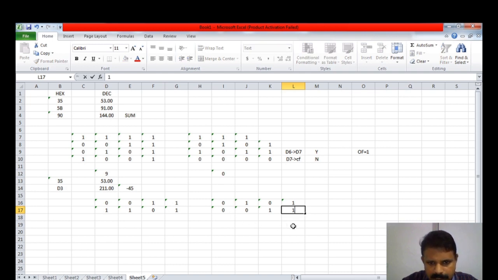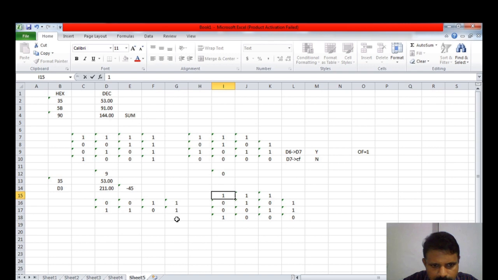Okay, if we add, 1 plus 1 is 0, carry 1; 1 plus 1 is 0, carry 1; 1 plus 1 is 0, carry 1; 1 plus 0 plus 0 is 1.